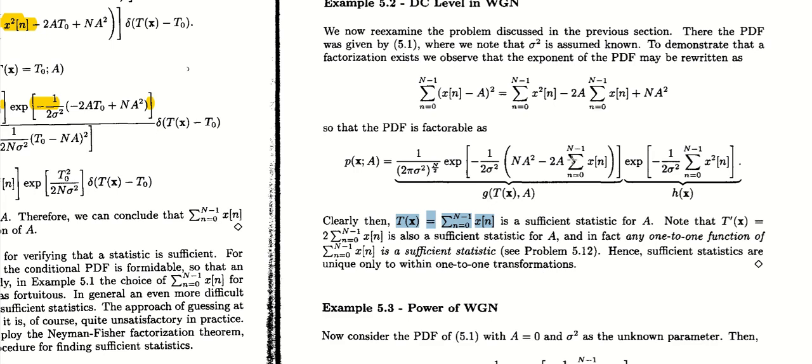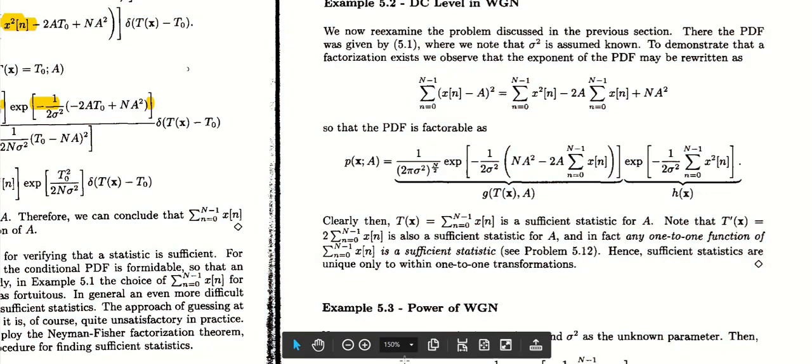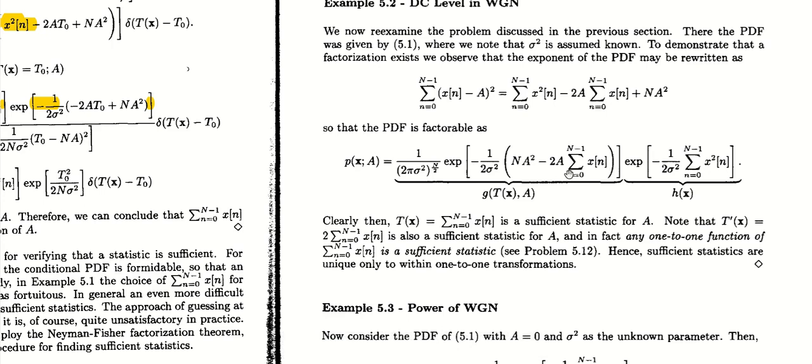I think if you check carefully, you see that T of x is actually over here, right? See my cursor? T of x is over here. So if you write this whole thing as G of T of x, you see T of x over here.